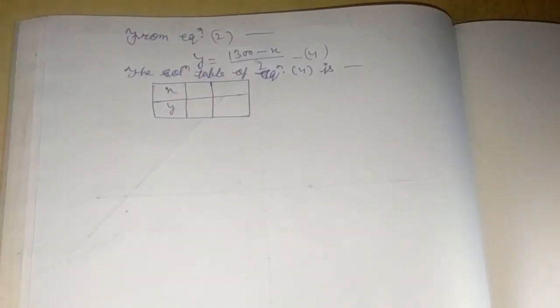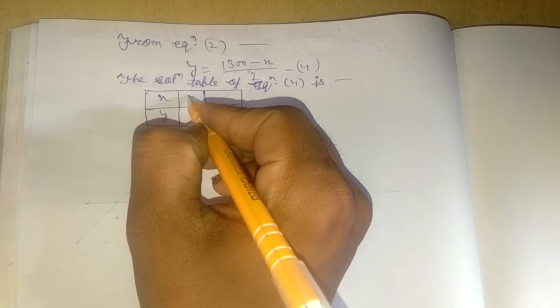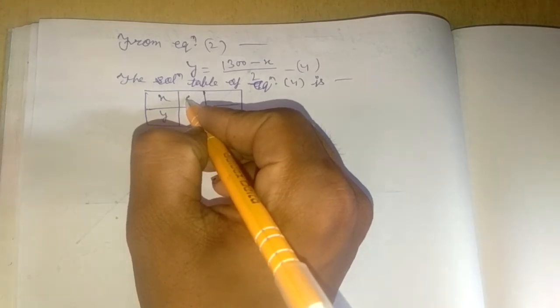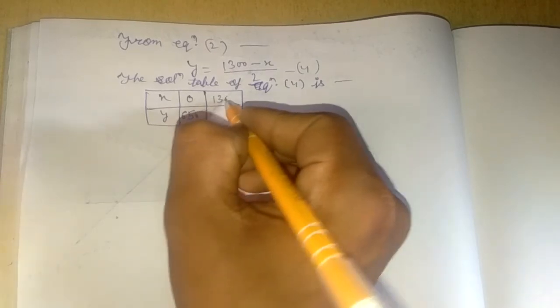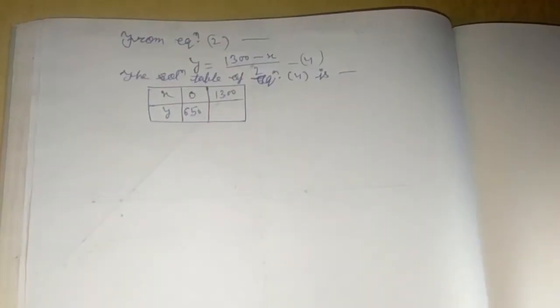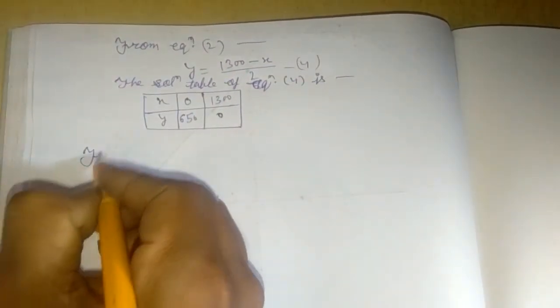We can make the same solution table. You can write here x is equal to 0, you get 650, and x is equal to 1300, you get 0.